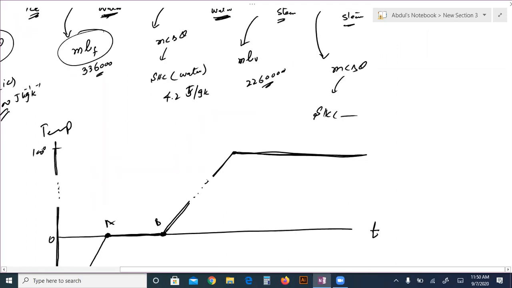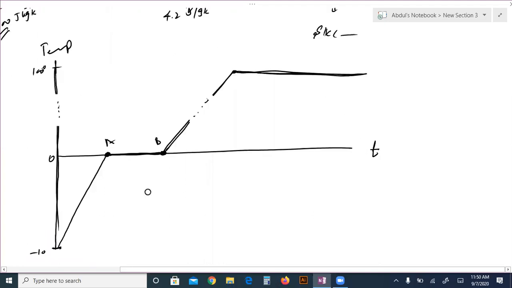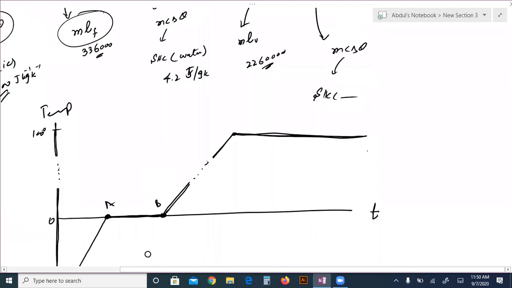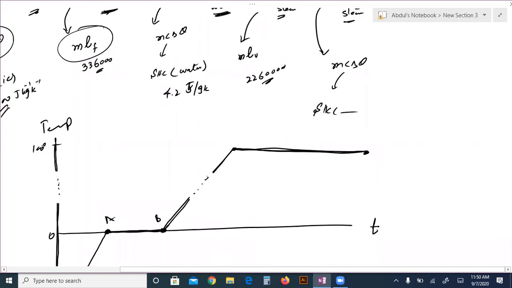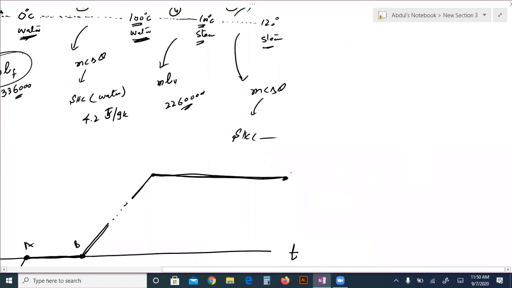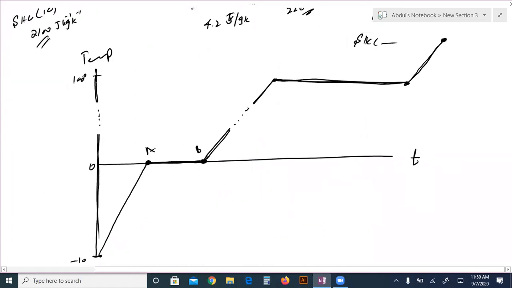So the heater will take longer as compared to the melting, fusion. And once the whole of the liquid is converted into steam, then the temperature of the steam increases and it becomes 120 degrees.